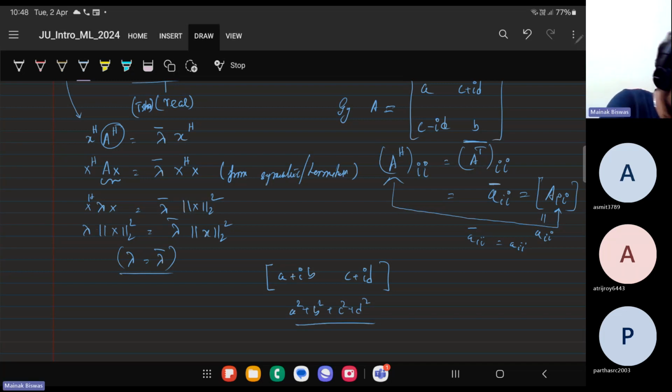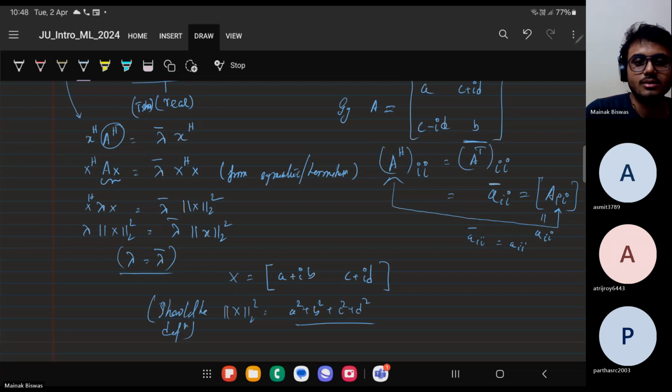If you have to find the norm of this vector that we discussed last time, if this is x, this should be the definition, yes or no? Yes, yes.